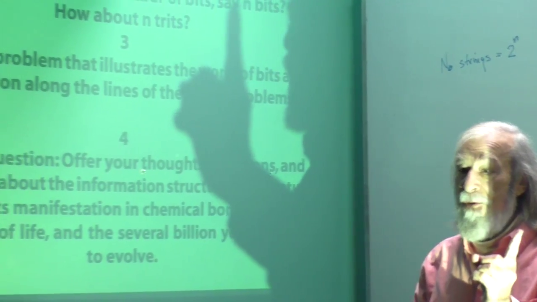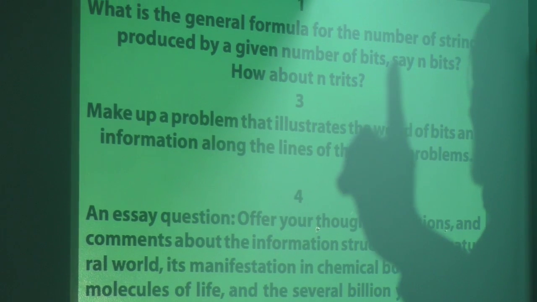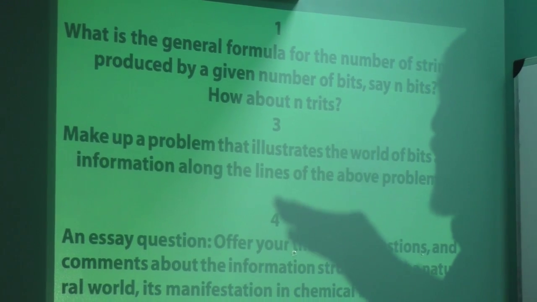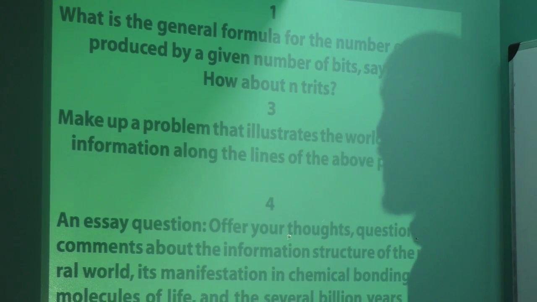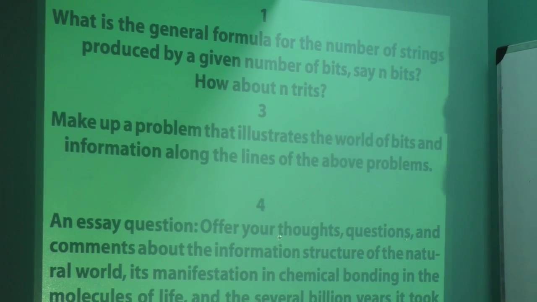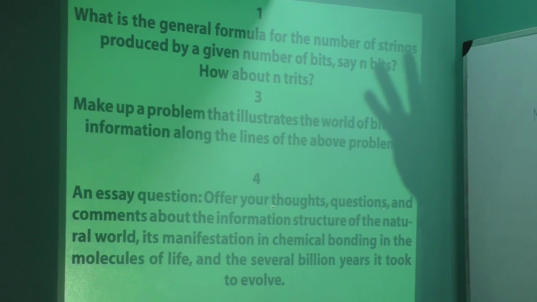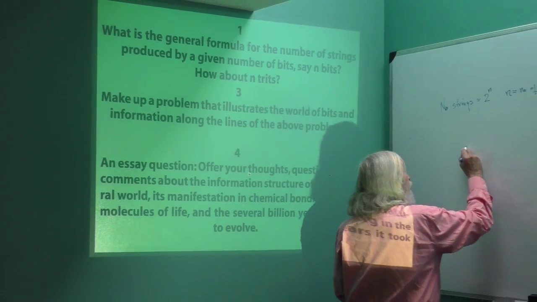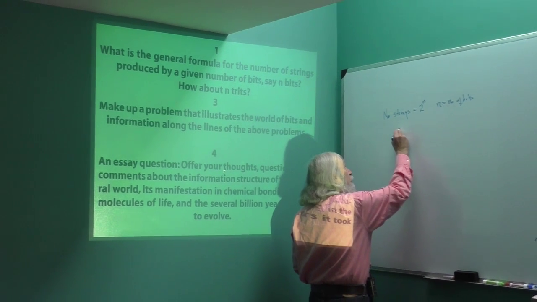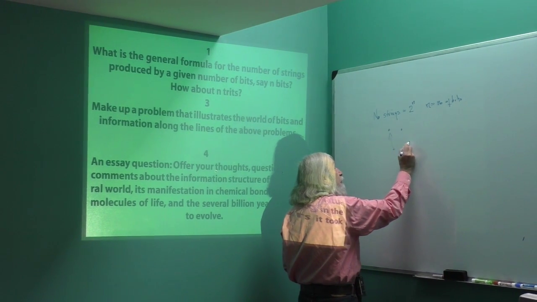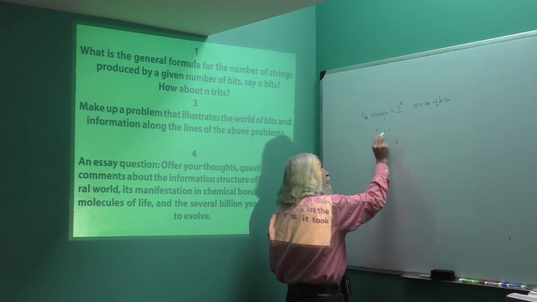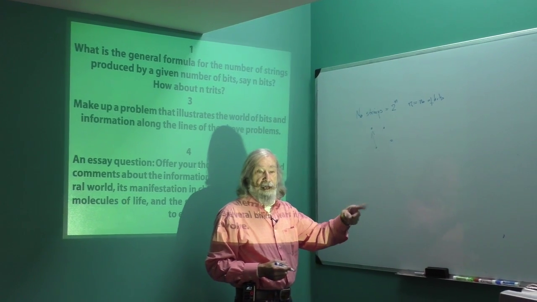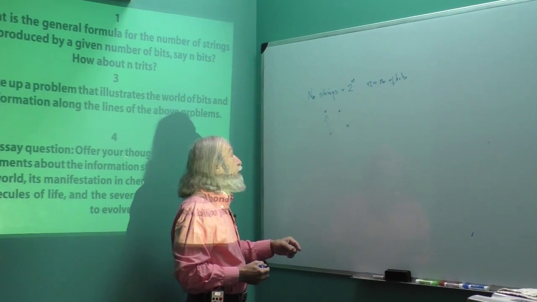Okay. And then the next question was, suppose we don't have bits. Bits are binary things that can either be one way or another, and that's all. It's either yes or no, it's either on or off, it's either forward or back. But suppose we have a 3-valued thing, like a switch that could be in one of 3 positions. Imagine a light switch that had 3 choices, not just on-off.